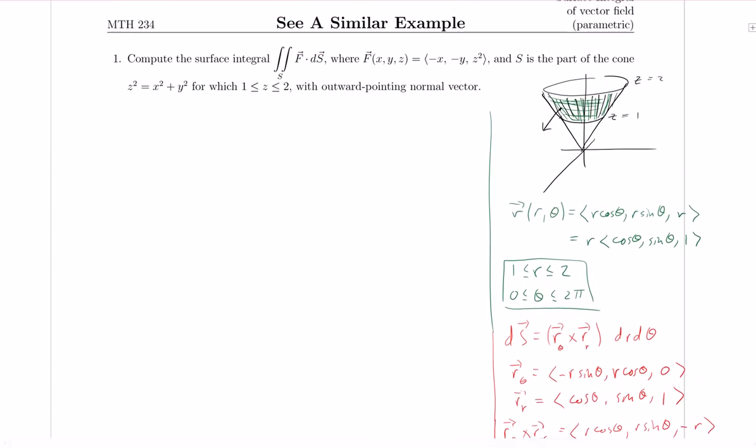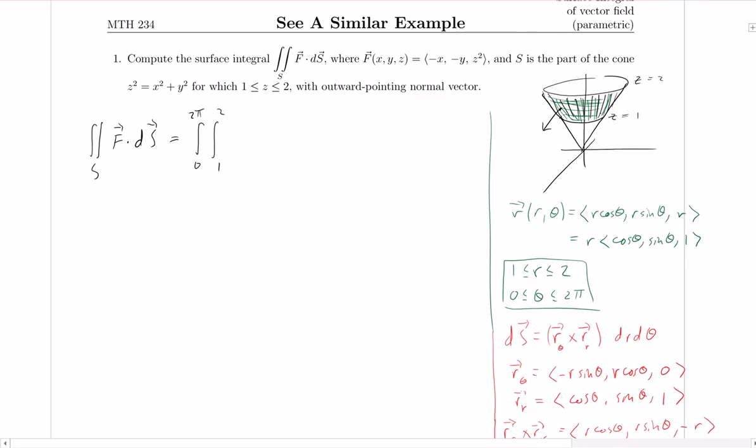Okay, now let's actually compute the integral. For the bounds of our integral, we use the bounds for the parameterization that we wrote earlier. So r goes from 1 to 2, and theta goes all the way around from 0 to 2 pi.